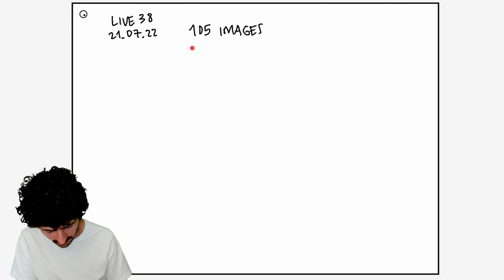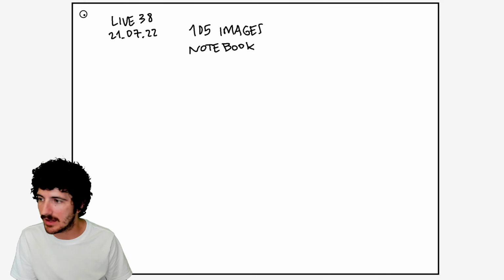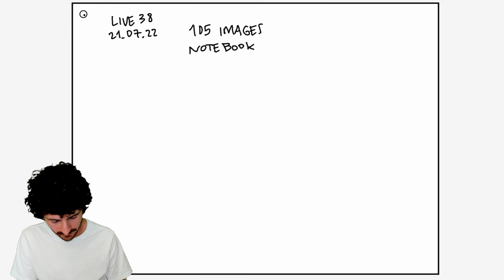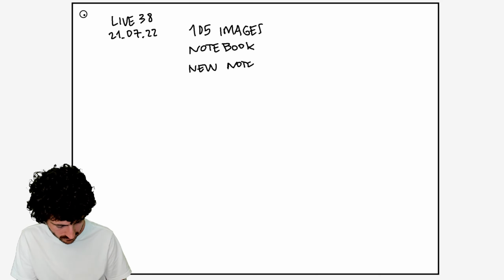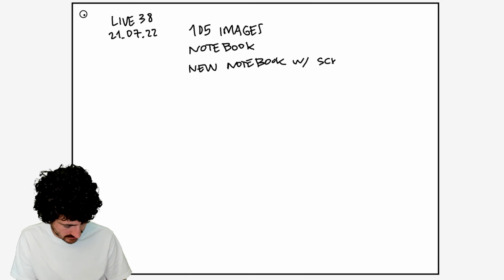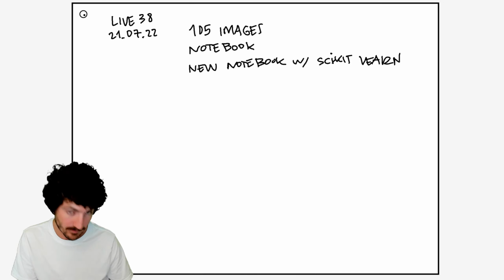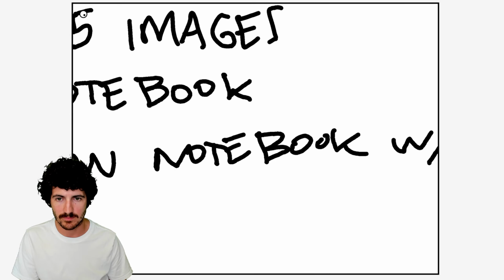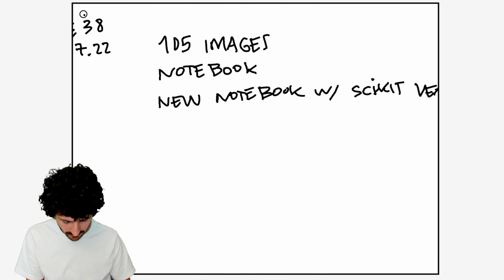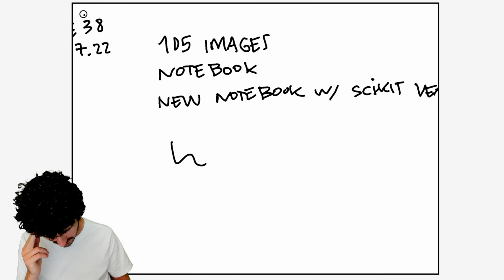We need to recover our notebook, and we need to make a new notebook with scikit-learn. Right, I think I can even zoom in here, right? Awesome, cool. So let's see.